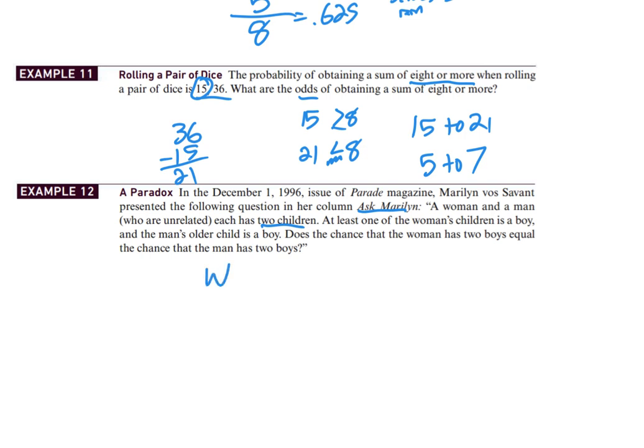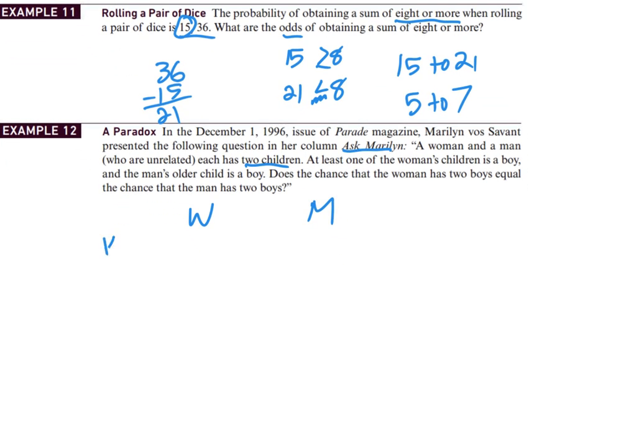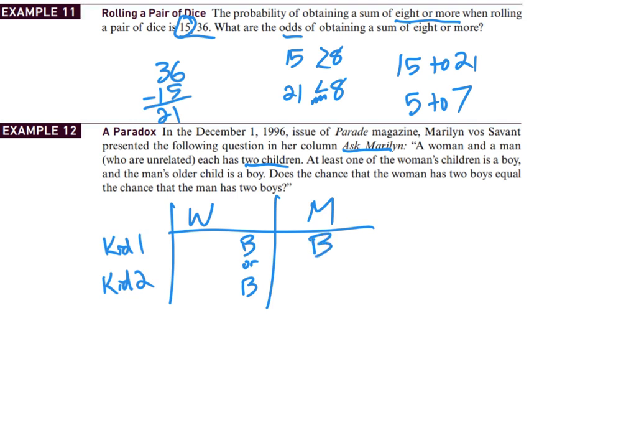So we have a woman and we have a man. They're not married, they're not related. They each have 2 children, kid 1 and kid 2. At least one of the woman's children is a boy, and the man's older child is a boy.